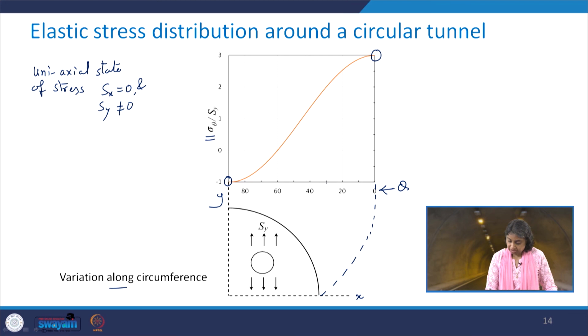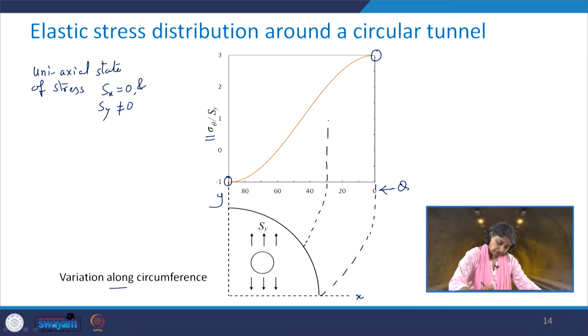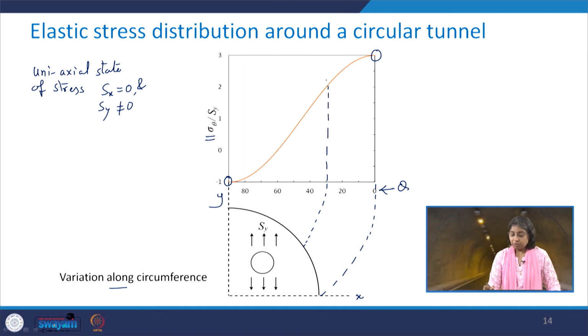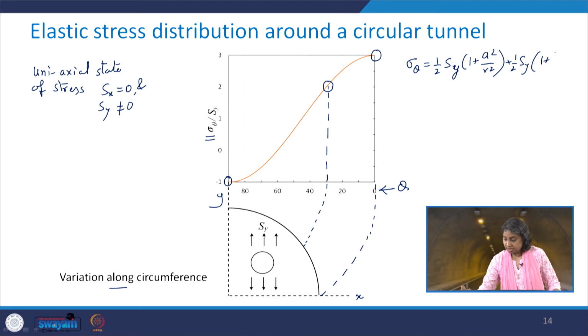Likewise, let us take theta maybe 30 degrees. If you just substitute in the expression, you have sigma theta as half Sy into 1 plus a square upon r square, plus half Sy into 1 plus 3 a to the power 4 upon r to the power 4, into cos of 2 theta.